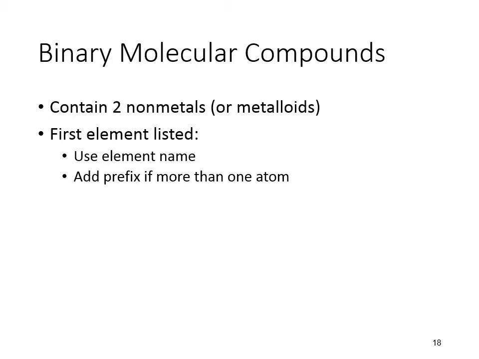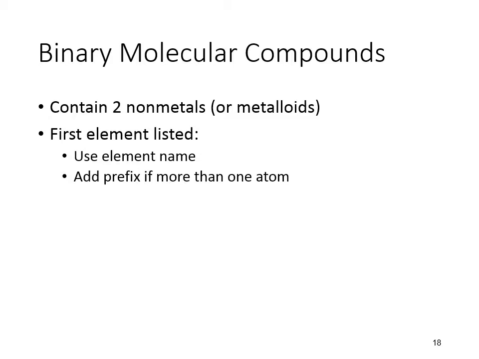But if there's more than 1 atom of the first element in the formula, we're going to add a prefix. And you can find those prefixes in your textbook. You can also find the common prefixes that are used for these in the lab manual. In Dry Lab 2B, you'll find the common prefixes for 1 through 10 plus 12 on page 73.